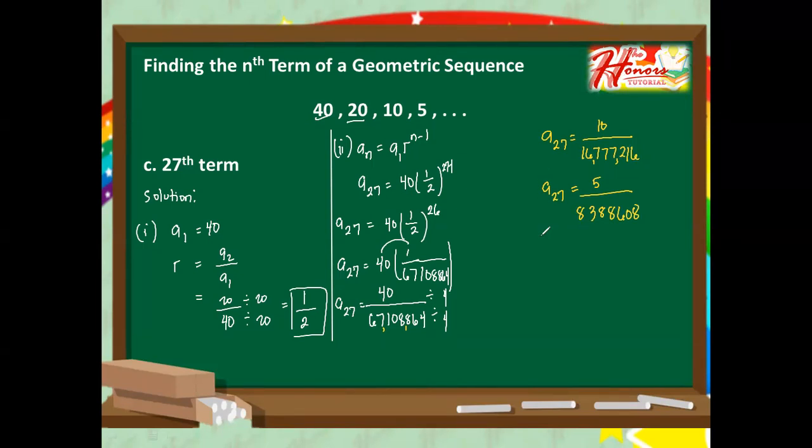Let's convert it to decimal. 5 divided by 8,388,608. So this is a sub 27 is equal to 5.96 times 10 raised to negative 7.